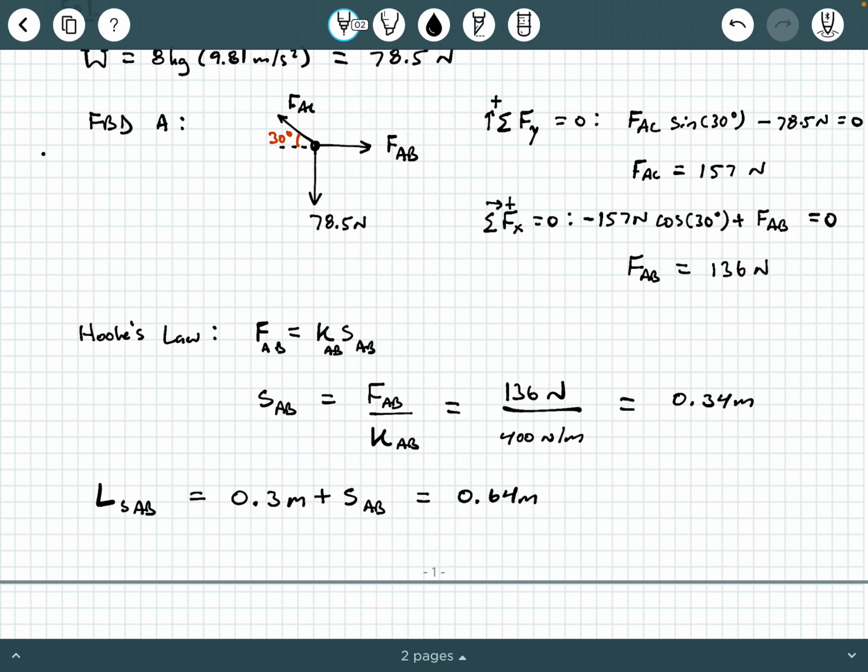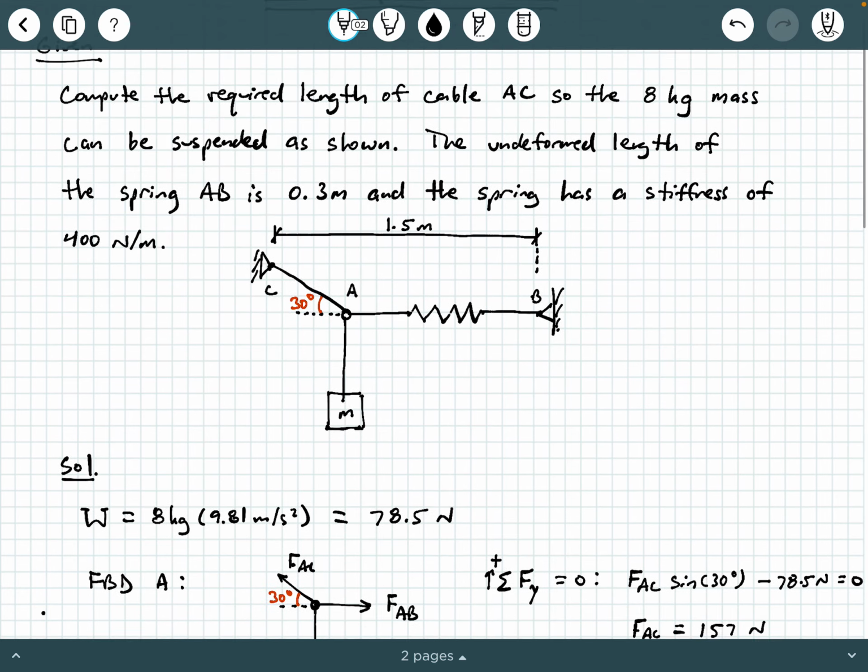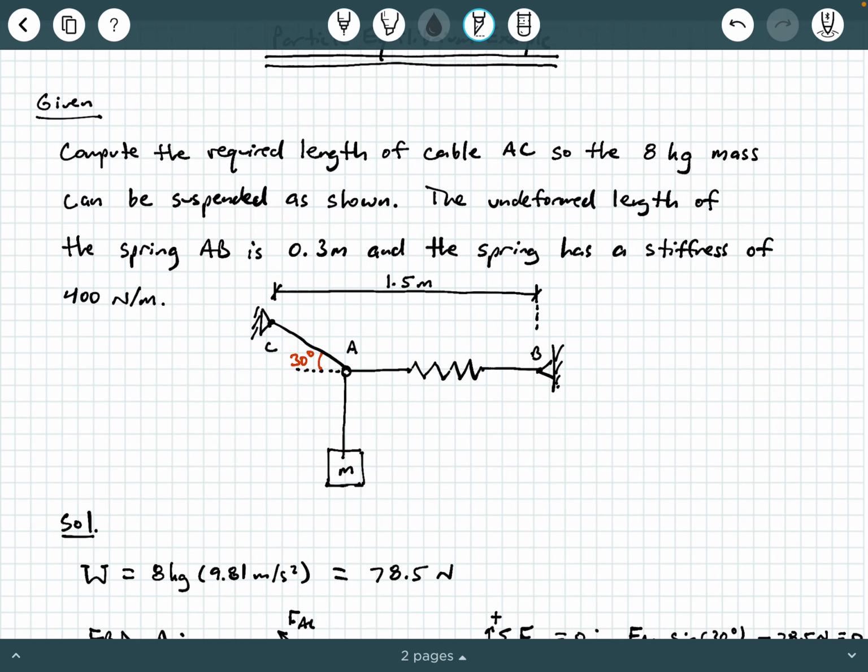Now, we're almost done, all right? Let's go back to see what the problem was asking us for. It says, compute the required length of cable AC. So what we're looking at is this diagonal length that we're really interested in, AC, okay? So how do I relate all of this together with the length of AC? Well, I use this total horizontal length of 1.5 meters to help me do that.